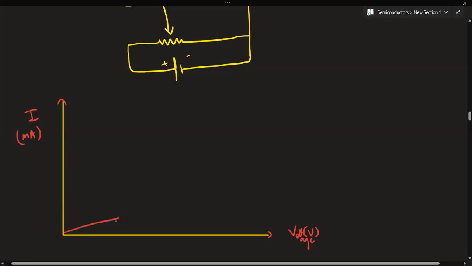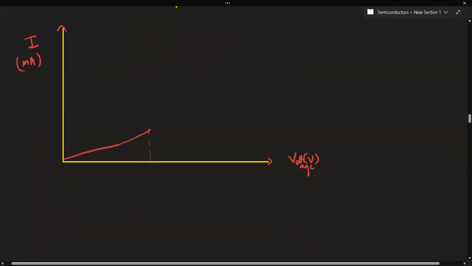Experiments show that initially the current increases very slowly, almost negligibly, till the voltage across the diode crosses a certain value. You can call it the threshold voltage, cut-off voltage or cut-in voltage. After this voltage has been crossed, let's say this is the knee, also called the knee voltage.